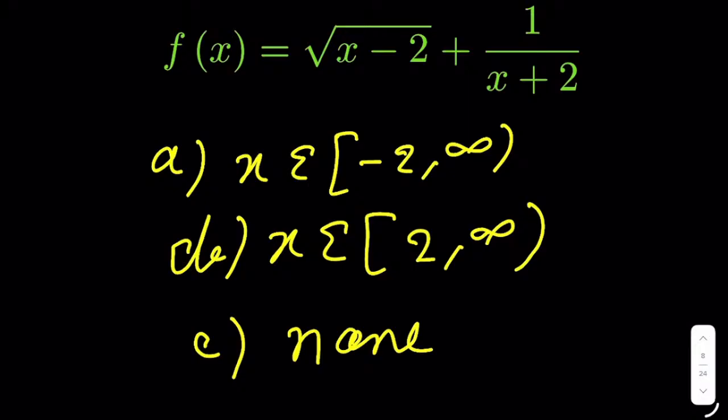Most of the people say B part. 94% of people say B part. Okay, now none. Why do you say none? Near about 5% say none. Everyone can check.